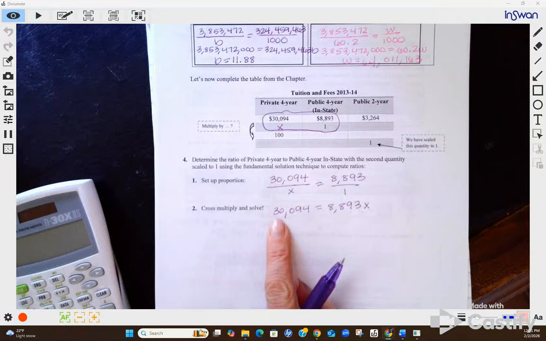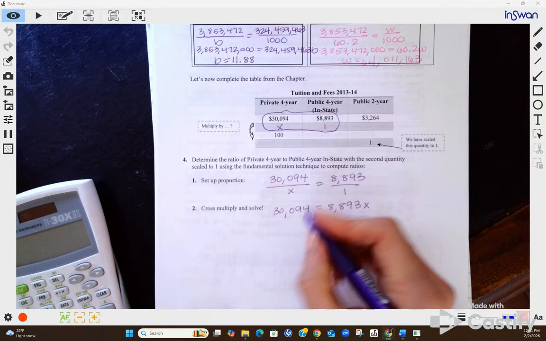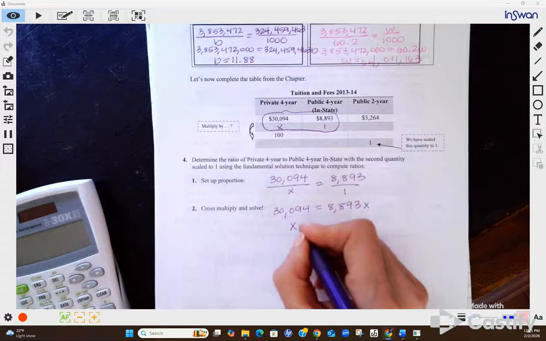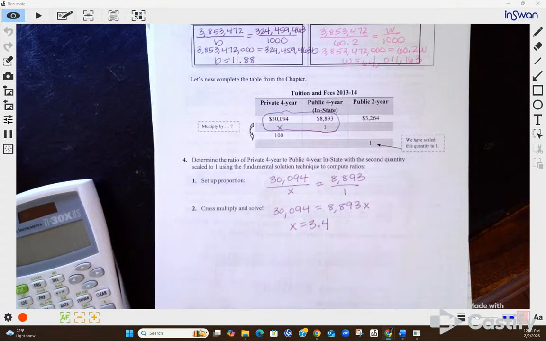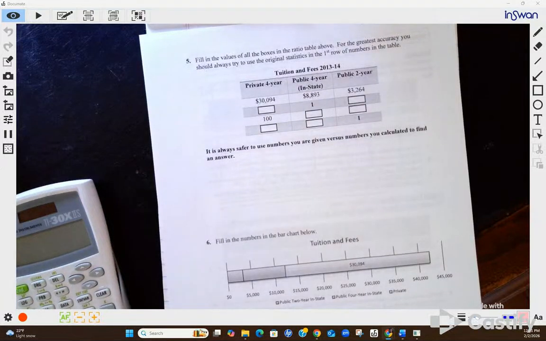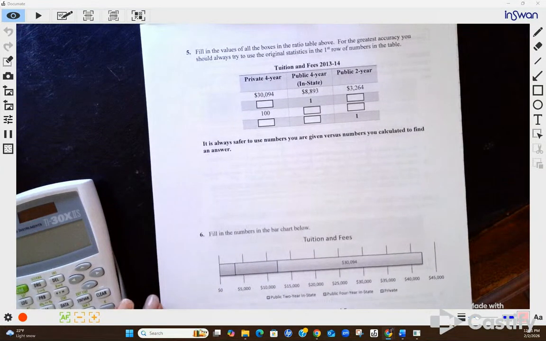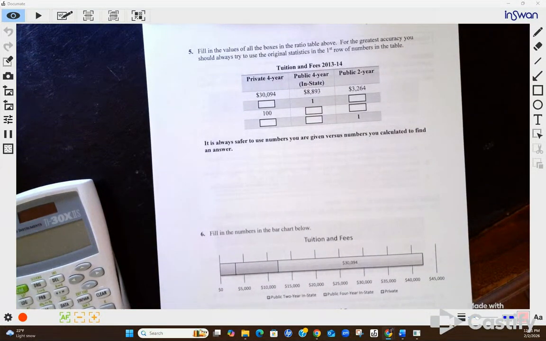So in your calculator, this number divided by this number, and you're going to get x equals 3.4. Okay, so fill in all of the boxes in the ratio table.